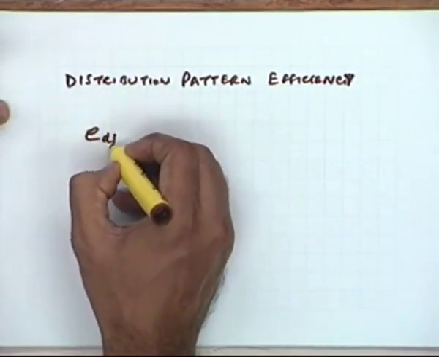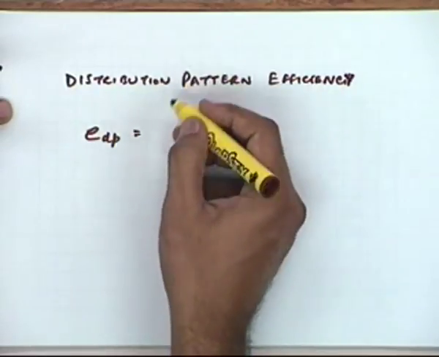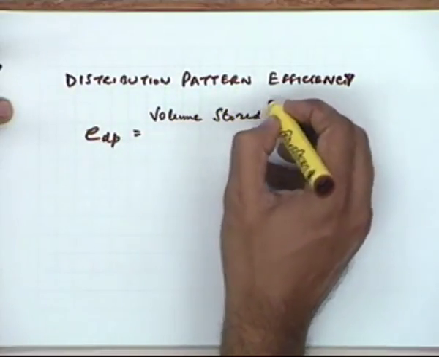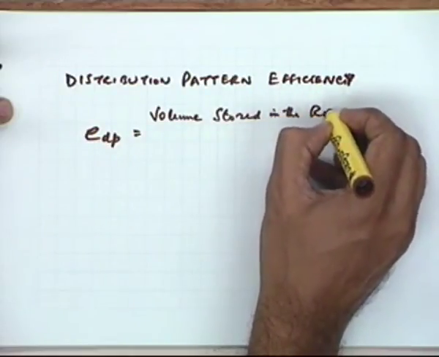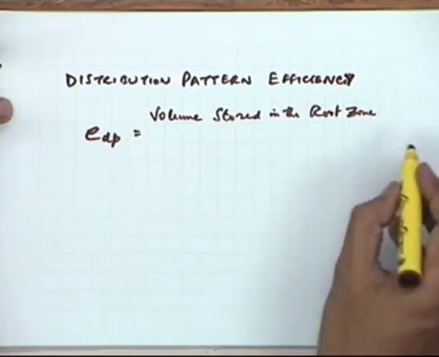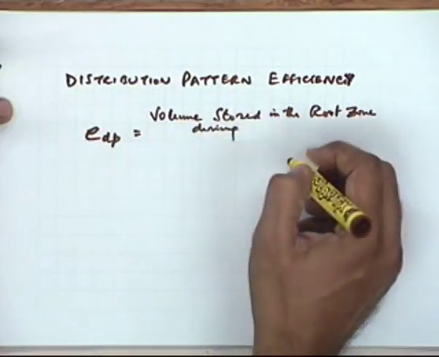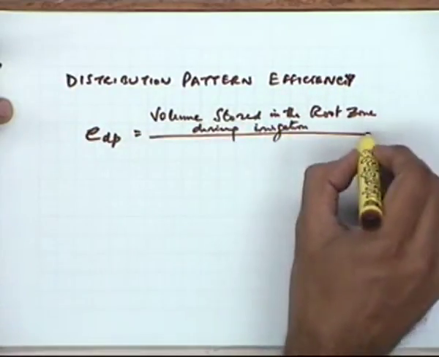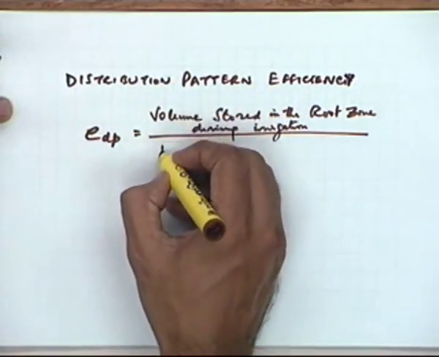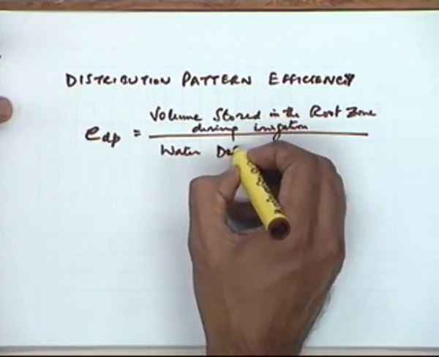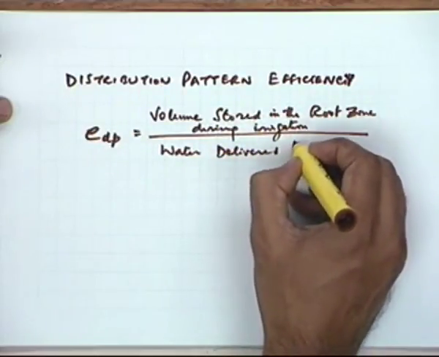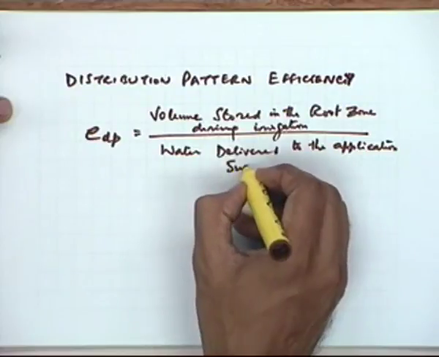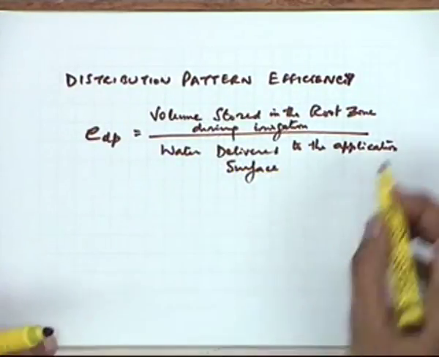I'll call it EDP, and it is defined as the volume stored in the root zone during the irrigation to the water delivered to the application surface.